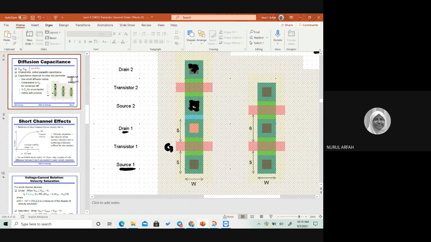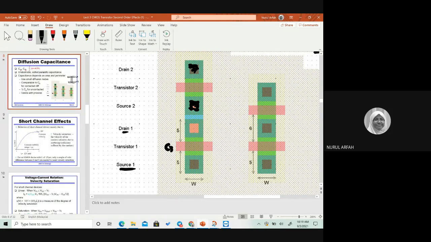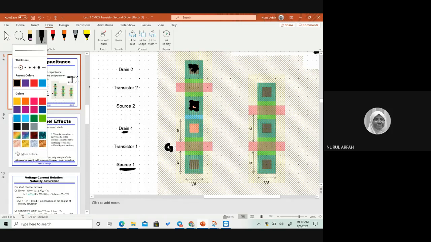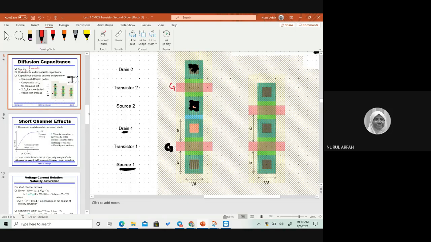I better change the thickness. Okay, this is a gate, and this is also a gate. And then you have a diffusion layer, which is the green color here. This is also the diffusion layer.